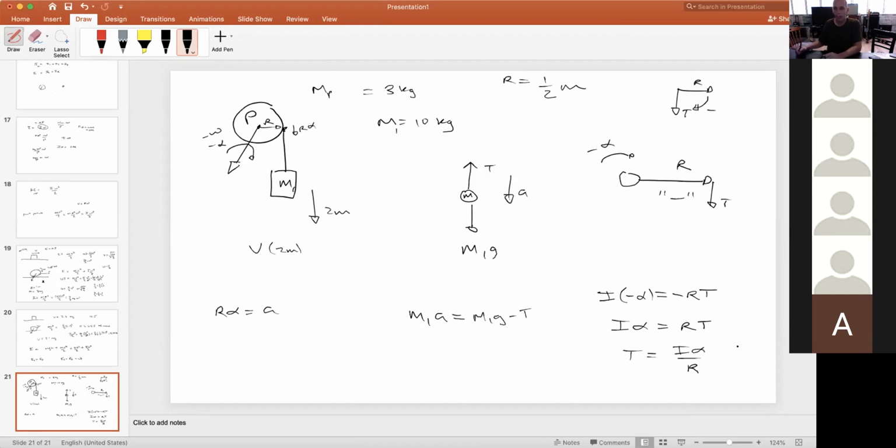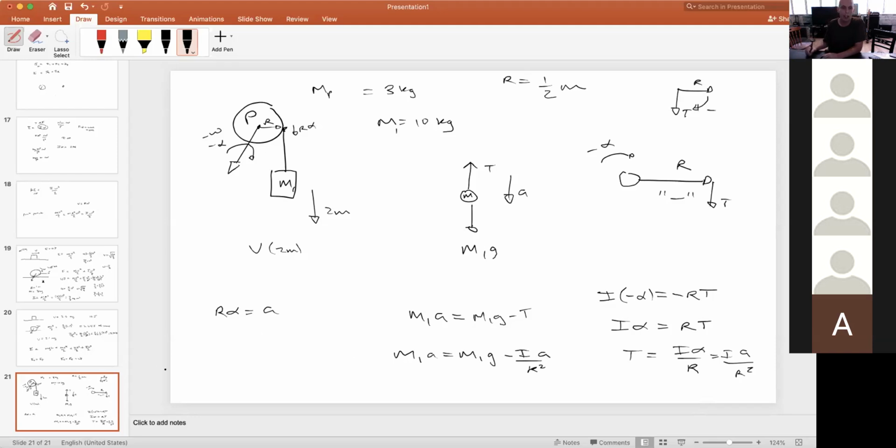So alpha is equal to A over R, and I get I A over R squared. That's where I put it in. Because these are stretchless, massless, frictionless ropes, I know that this A and this A have to be the same. If this goes down with an acceleration, this point at the edge of this pulley rotates with that acceleration. So I get M1A is equal to M1G minus I over R squared times A.